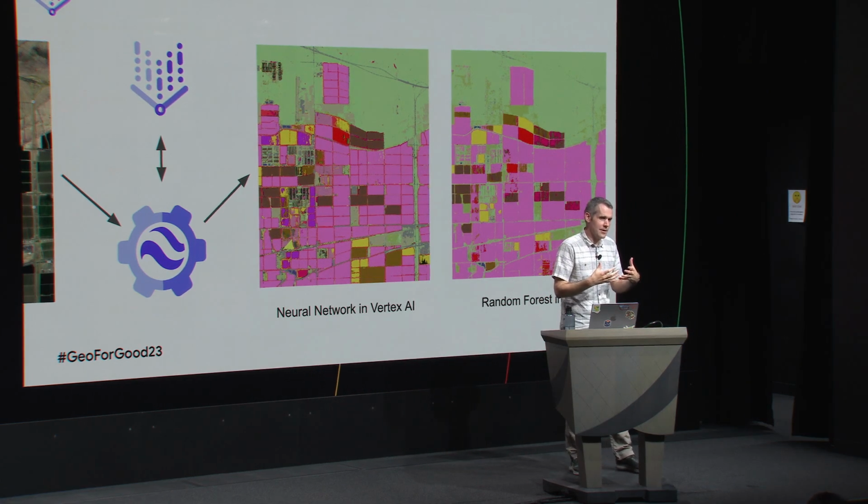And so the point here is with Vertex AI, you can have simple models, you can have complex models that you can host in Vertex AI. Earth Engine is not meant to be a complete modeling solution. It is an Earth observation platform. And it can do some things on the modeling side really well, but there's definitely some things it can't.